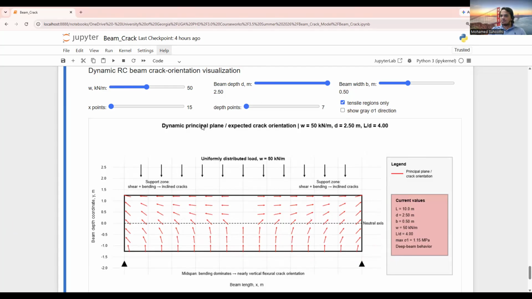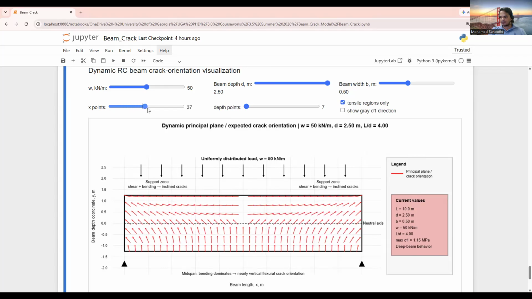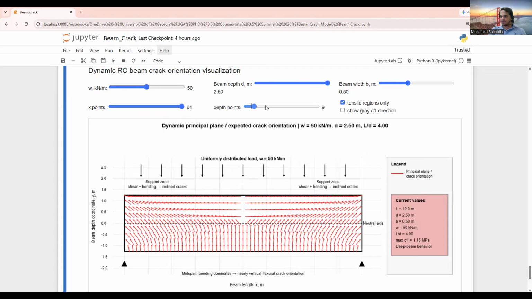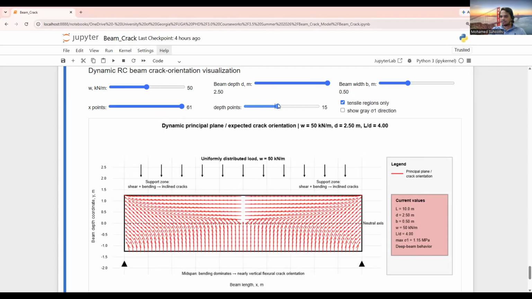Okay, so let me increase the number of points. The x points mean along this direction, how many points I have taken so far, 15 points, right? If I increase the x direction points, I can get closer and closer, right? Let me increase the points here. Then if I increase the number of depth points higher, you see, ultimately I can get the crack profile of the beam, right?